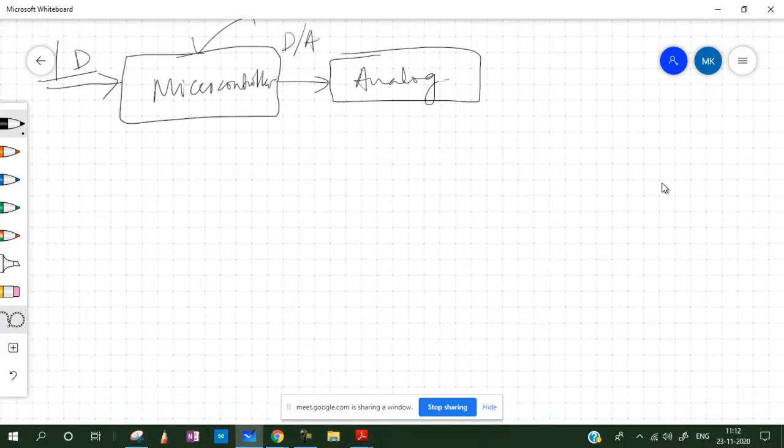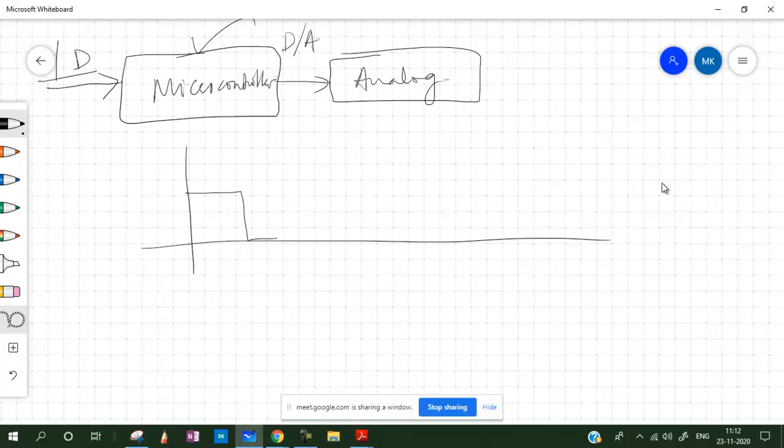A digital signal is a signal of this form, which means it has a high state and a low state, again a high state and a low state, which is typically represented in the form of ones and zeros.